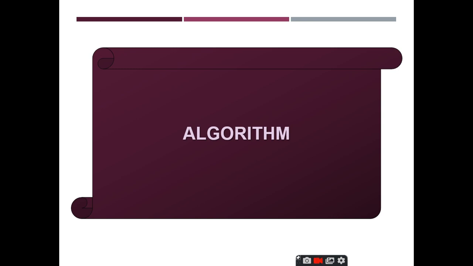The first step is, initially the programmer has to give the solution in a step by step process, which we are calling as algorithm. So the first step the programmer has to do is write an algorithm, and then convert the algorithm into the pictorial representation in order to understand the concepts thoroughly.